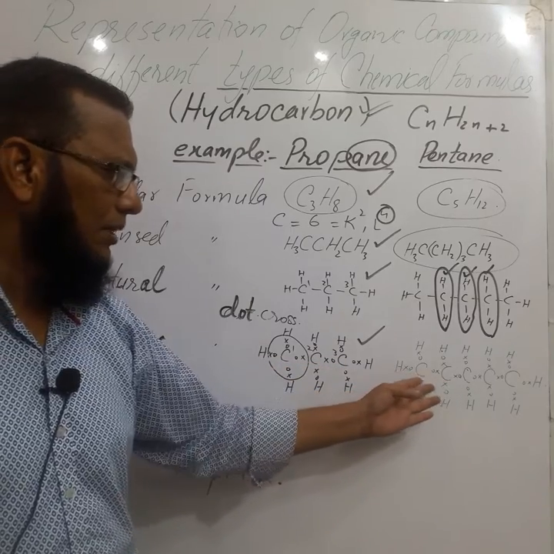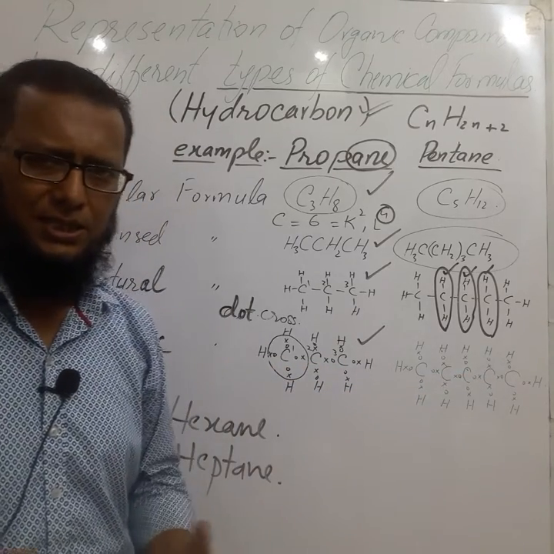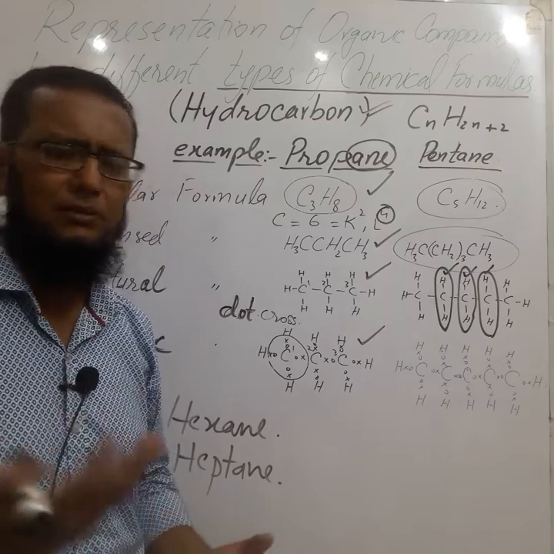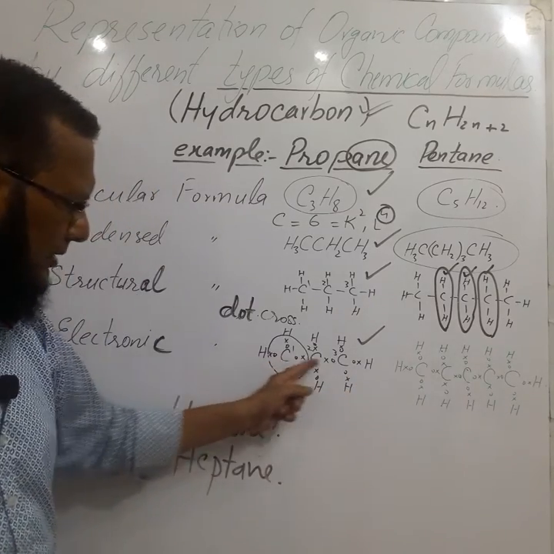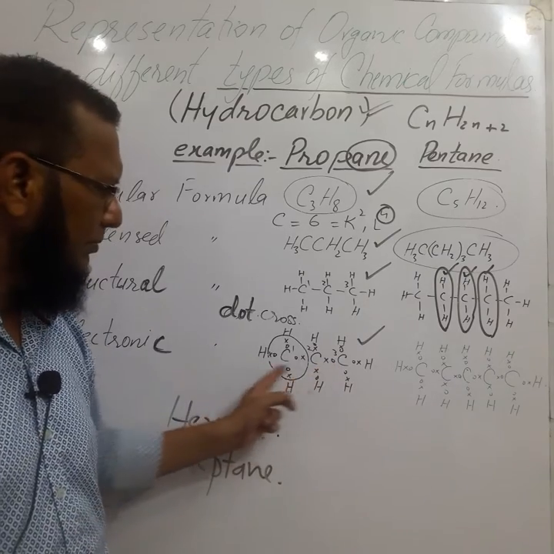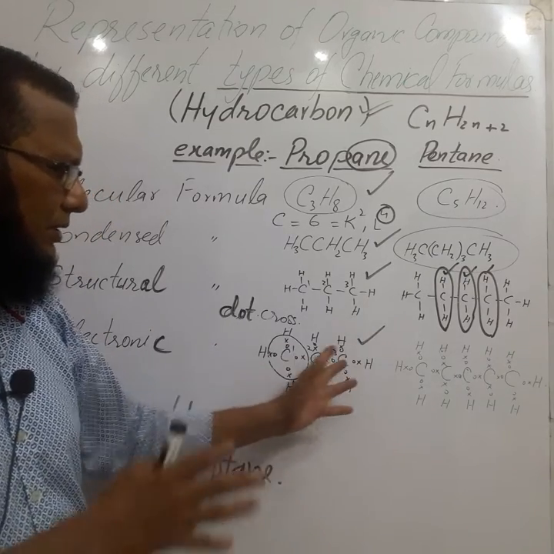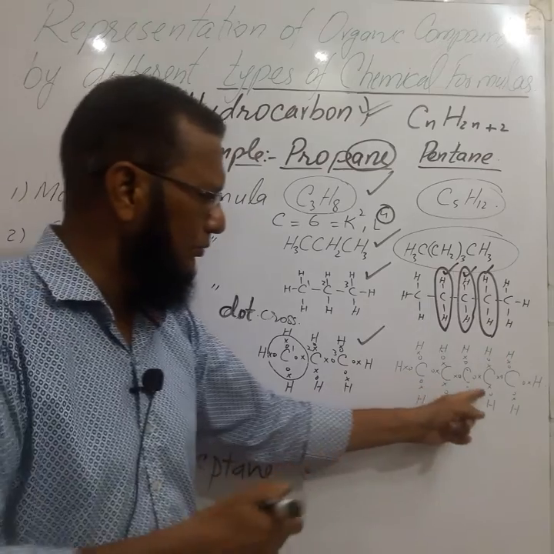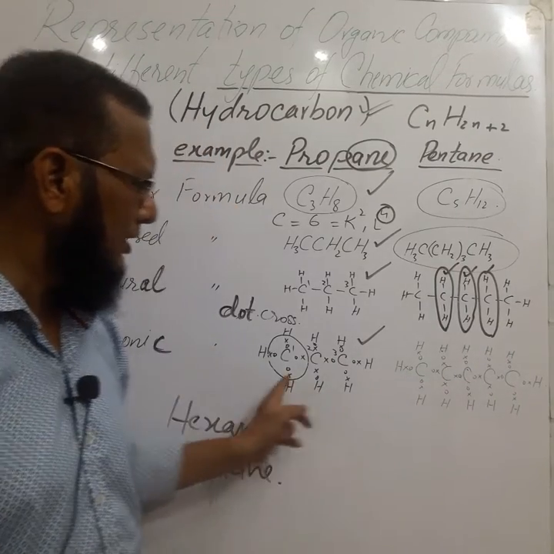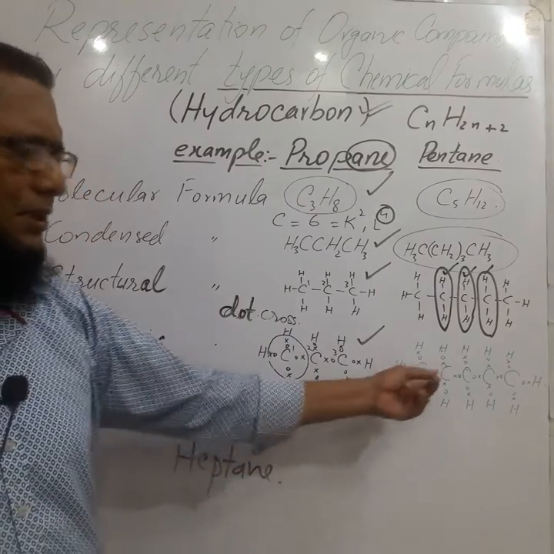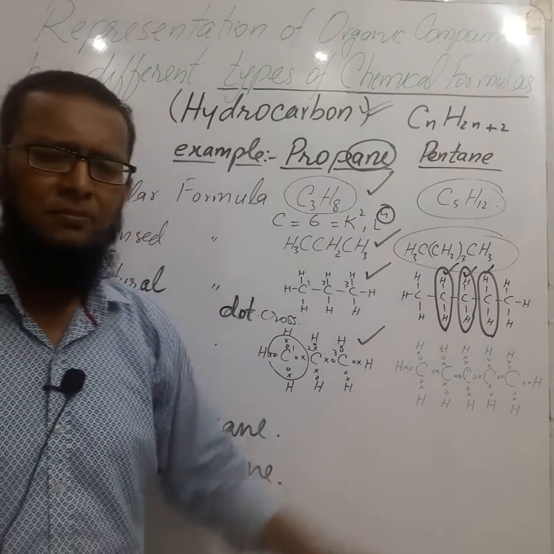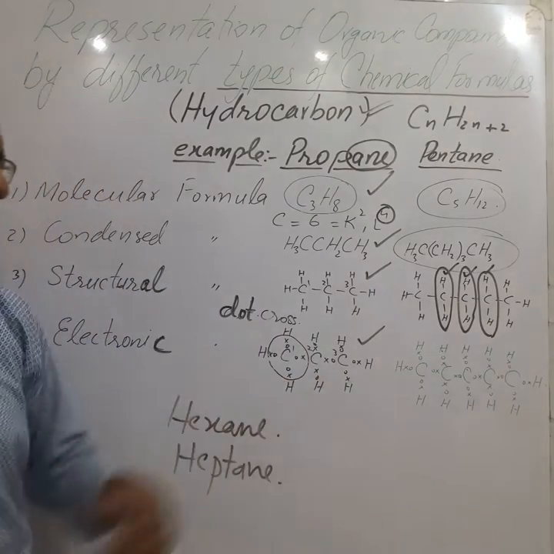If there are 5 carbons, 6, 7, 8, any number, the structure is the same but repeated more times. So 1, 2, 3 as in propane, and 4, 5. You can see the sharing of electrons shown here with the 5 carbons and hydrogens.